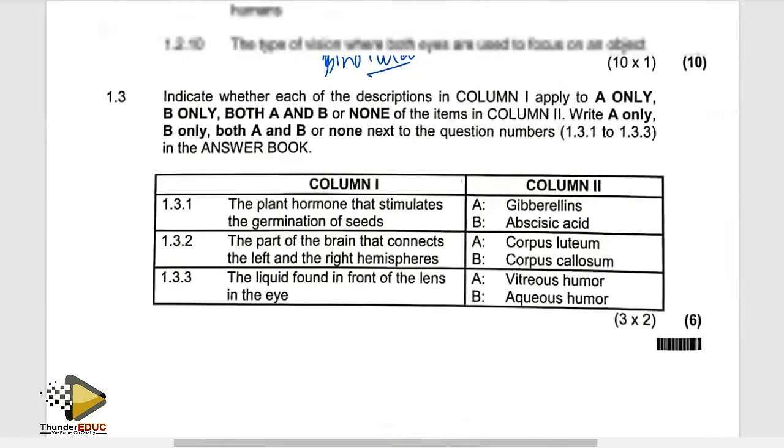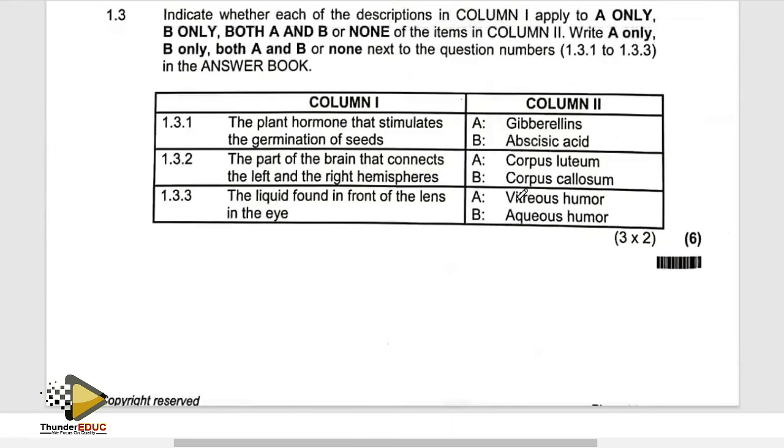Then lastly, on this subsection, it is the plant hormone that stimulates the germination of seeds. Whenever you talk about germination of seeds, we are talking about gibberellins. Why? Remember, germination occurs in summer, and abscisic acid works in winter.